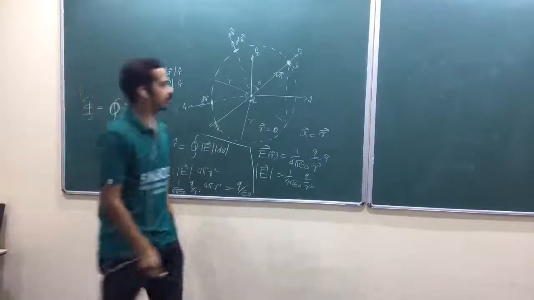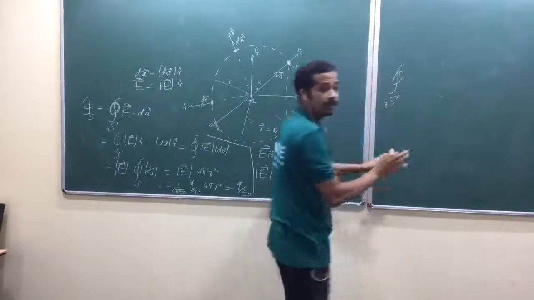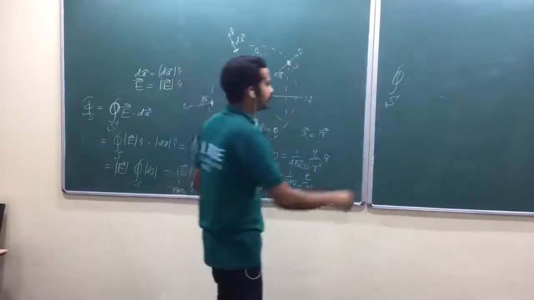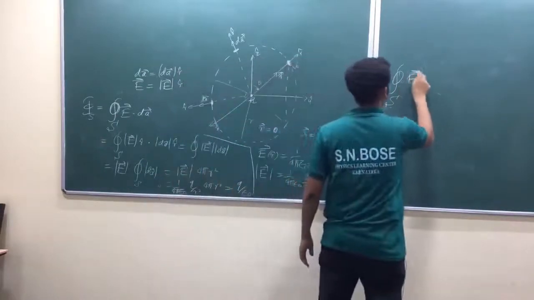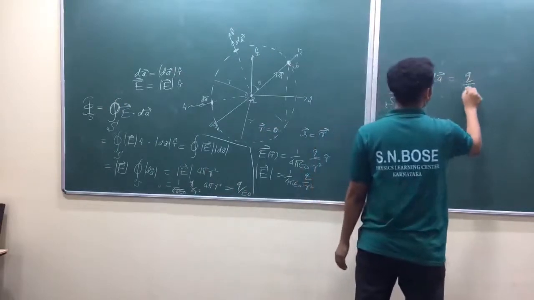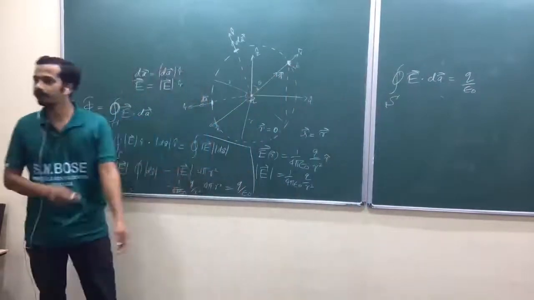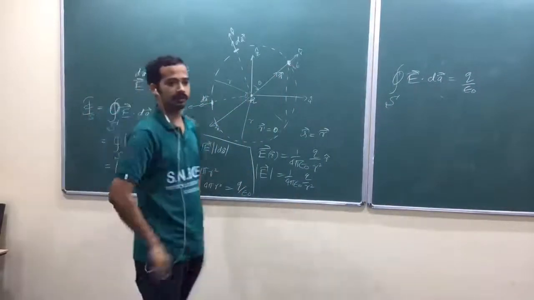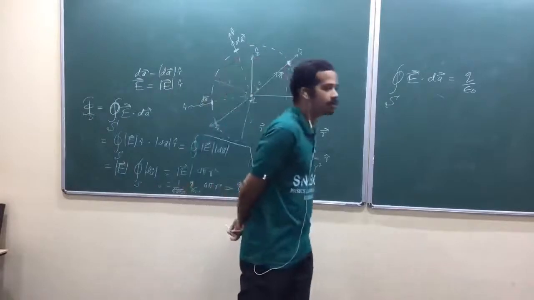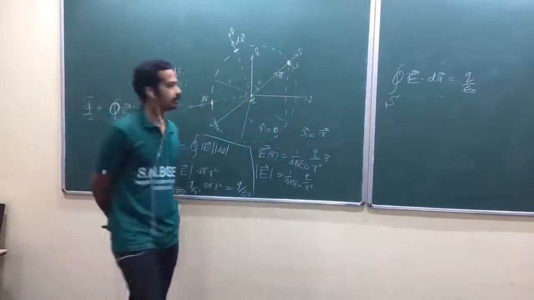So we are going to generalize this one. Any shaped surface, it should be a closed surface. If you take this one, E bar dot dA bar, what would happen? Q by epsilon naught. For a closed surface of any shape which encloses Q, what is this?